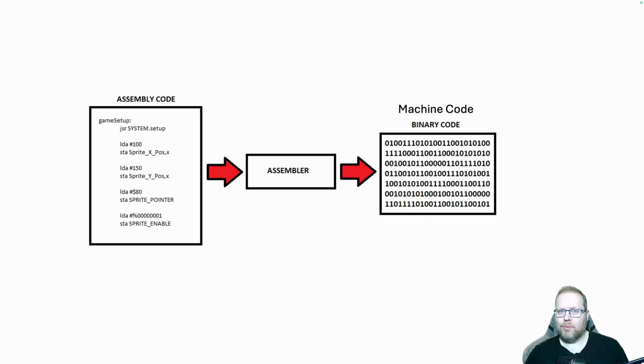Now you might be wondering, what exactly does the assembler do? Well, let's imagine that we have written some code in Sublime, our code editor. We have written some assembly code here in Sublime, and now I want to run this. We have already done this a few times, but let's say that I want to do that now.